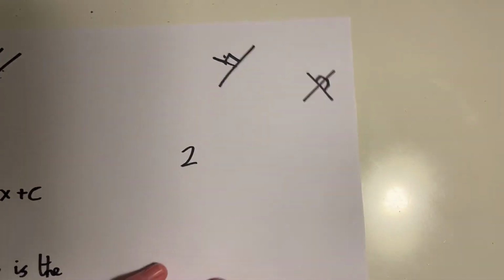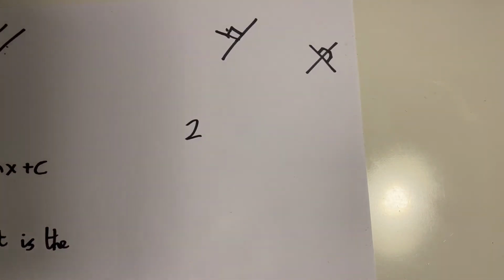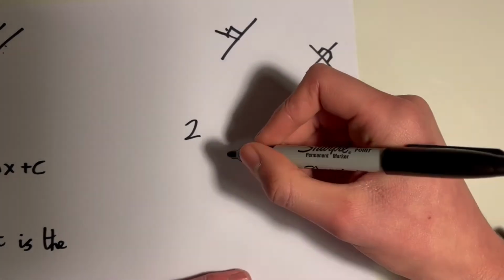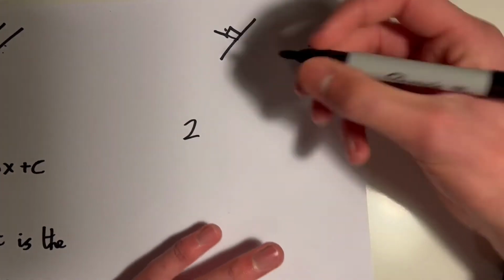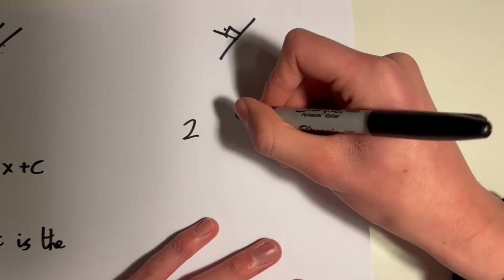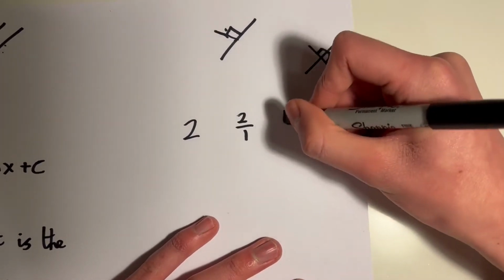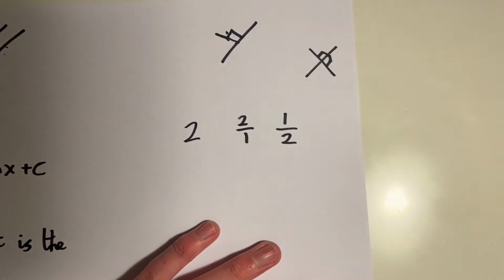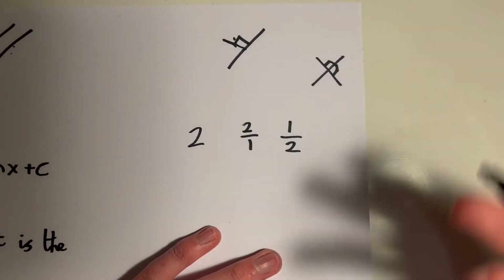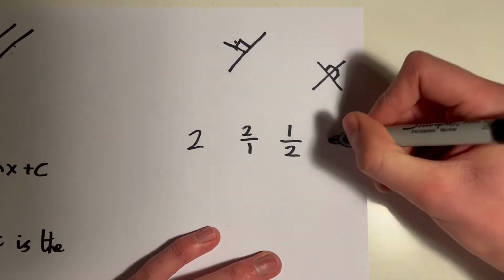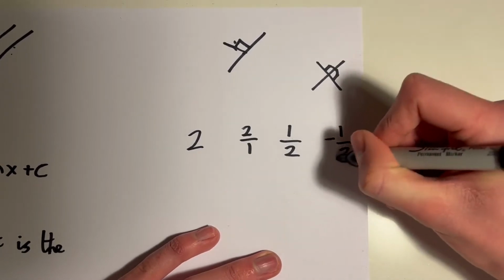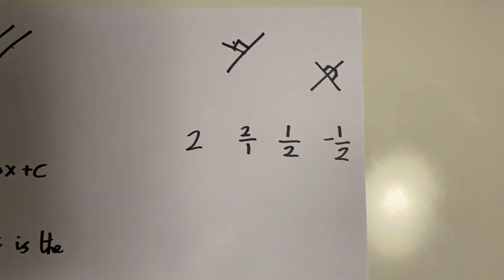To get the negative reciprocal of 2 and find out the gradient of its perpendicular line, what we do is turn it into a fraction, first of all, if it's not already. So 2 is just 2 over 1. Flip the fraction, so it's 1 over 2, and then change the sign. In this case, it's positive a half, so we turn it to negative a half. So the negative reciprocal of 2 is minus a half.